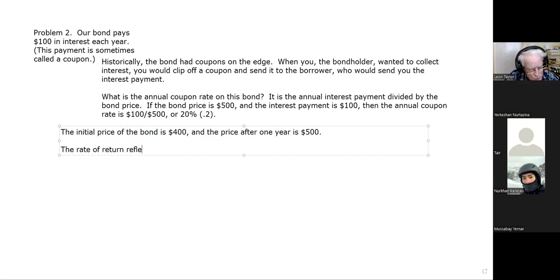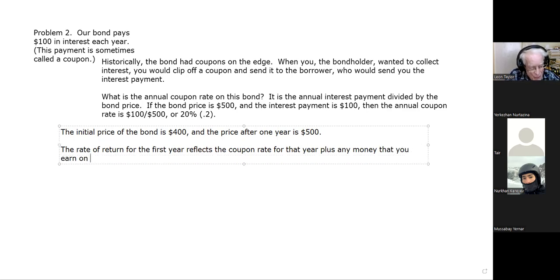The rate of return reflects the interest rate, the coupon rate, plus any money that you can make from selling the bond after 1 year. So the rate of return looks like this.